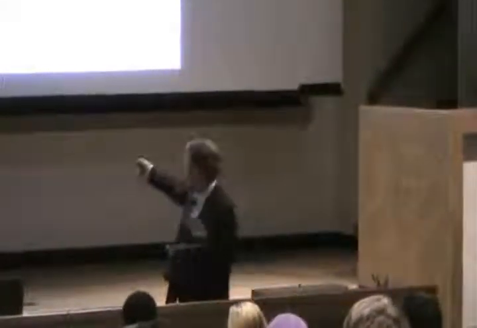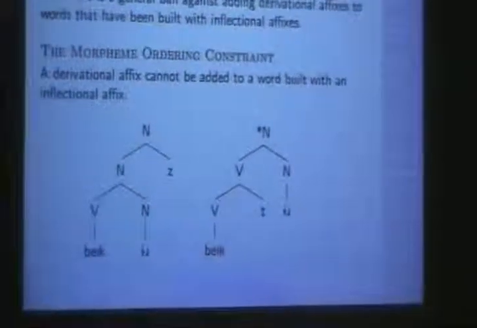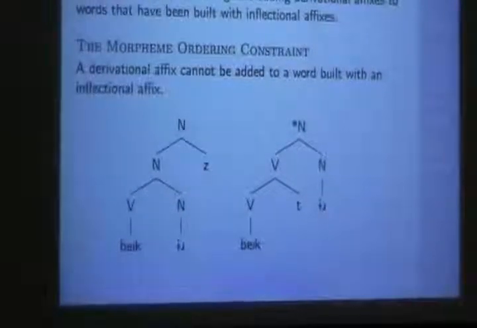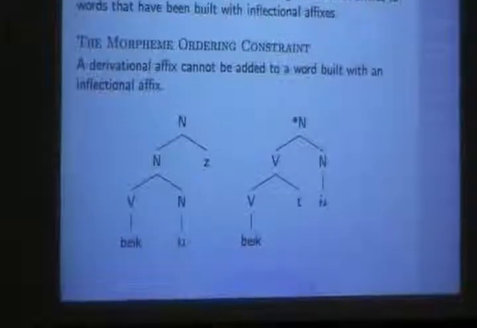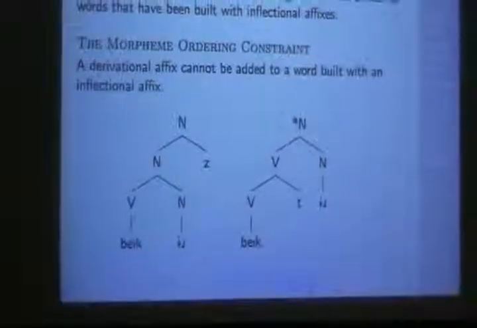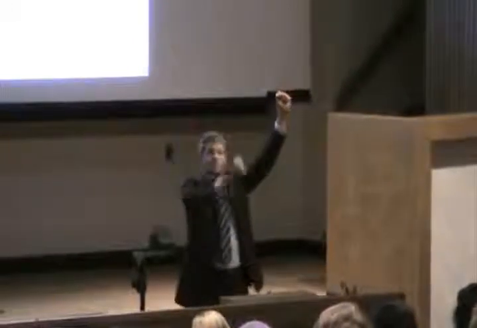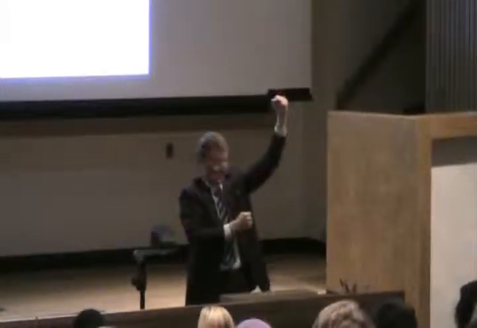What happened here? I added the inflectional suffix, the past tense morpheme ta, before I added the derivational morpheme that makes nouns out of verbs. So here's the law. If a word has both a derivational and an inflectional affix in it, the derivationals must add, all of them, before any inflectional affix is added on.